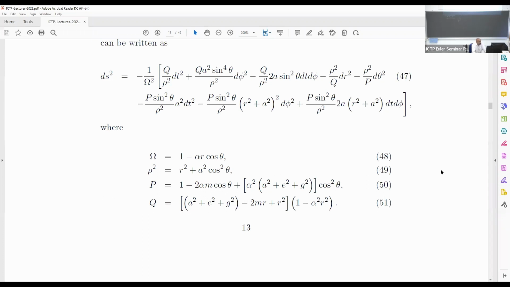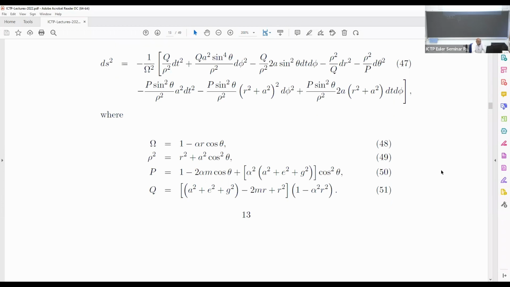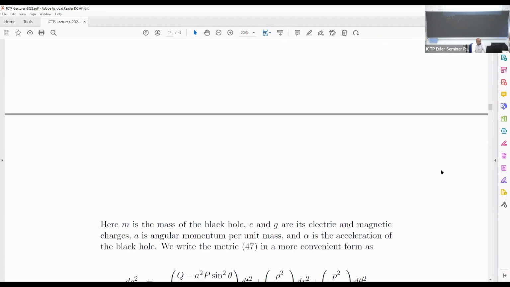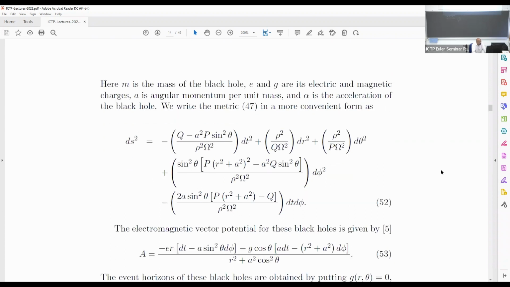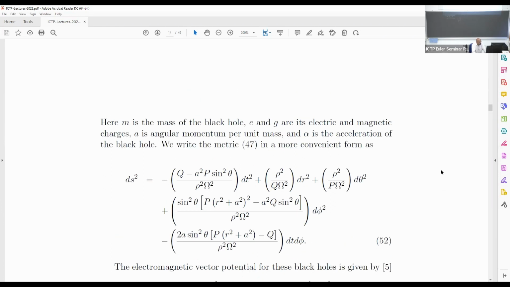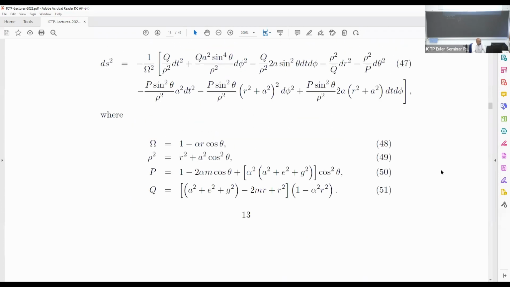Just to show you that things can get very complicated, I have shown you this line element, which of course now has extra charge. What is P?